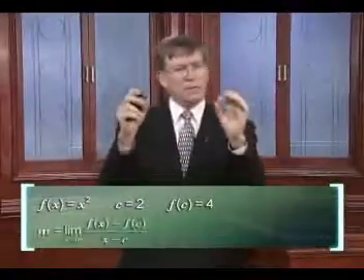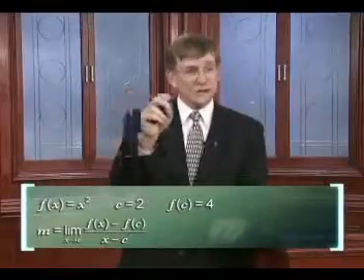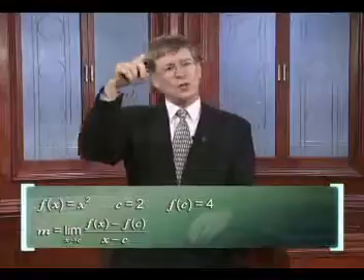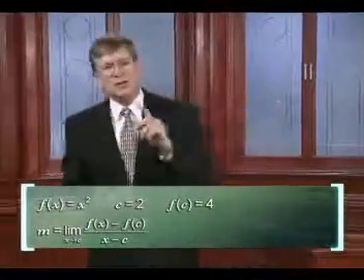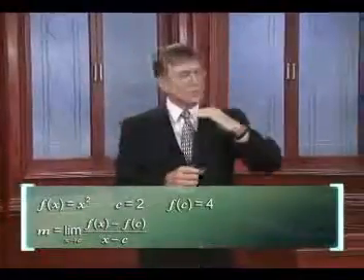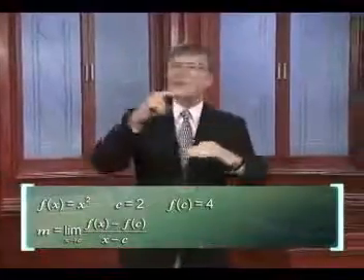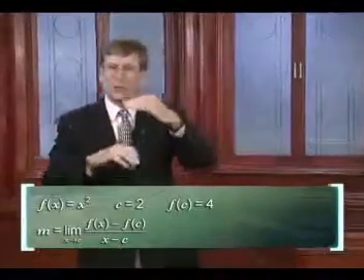Slope equals the limit as x approaches c. Remember, c is 2. The numerator is f of x minus f of c, and the denominator is x minus c. It's the difference in the y values over the difference in the x values. Keep that in mind throughout. That is how we define slope.